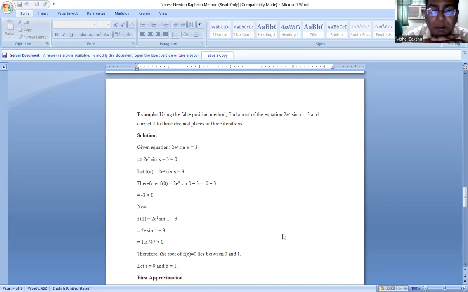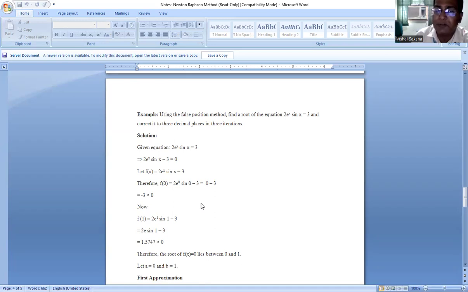Therefore, we have to check the value of f naught, because finally we have to find in which interval the root will exist. First, if we take x equal to 0, then f naught is minus 3, which means it is negative. Closer to 0, we take x equal to 1.